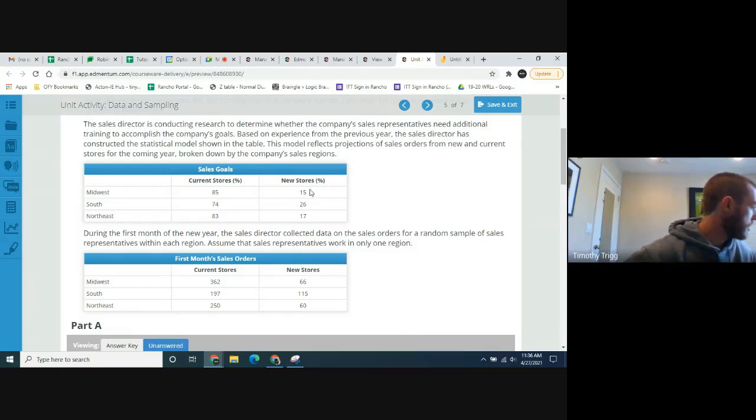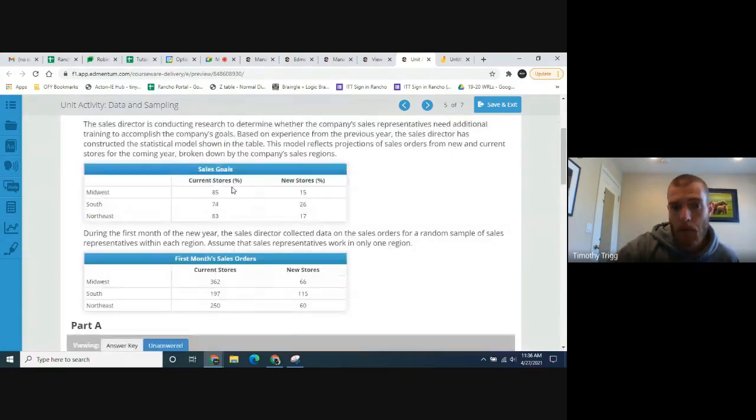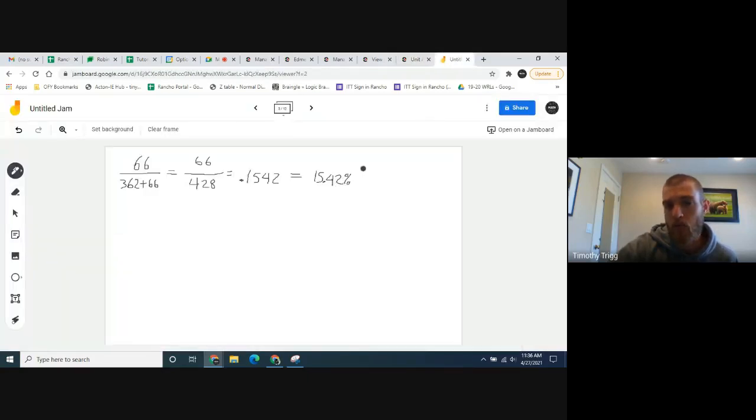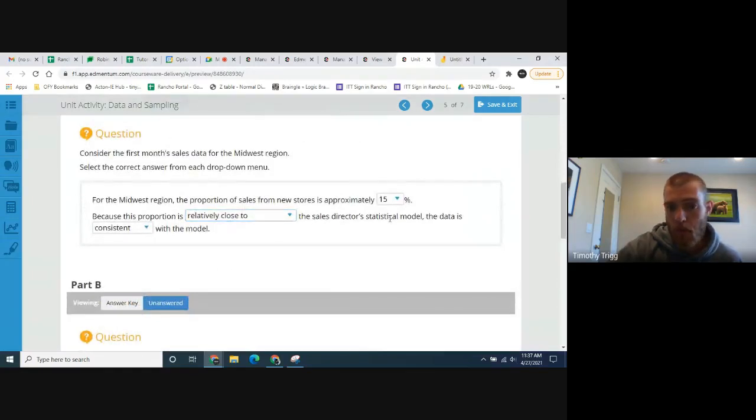So that's good. So it seems to follow what the model wants. Because the proportion is relatively close to the sales director's statistical model, the data is consistent with the model. So he expected from the model 15%, and we got 15.42%. So it's very close to the model, and that's consistent with the model.